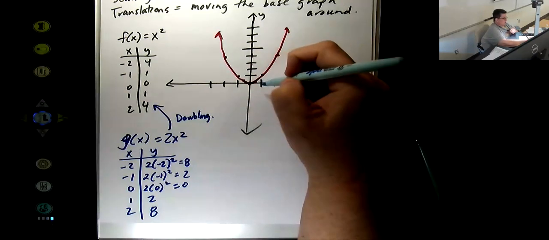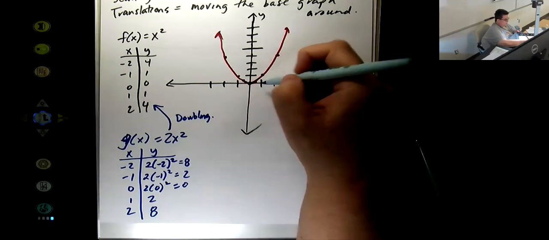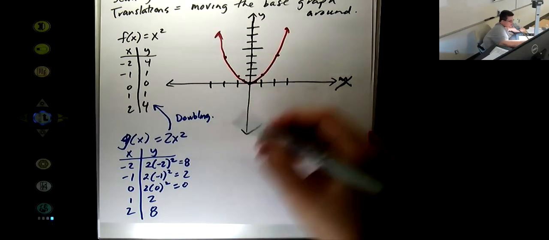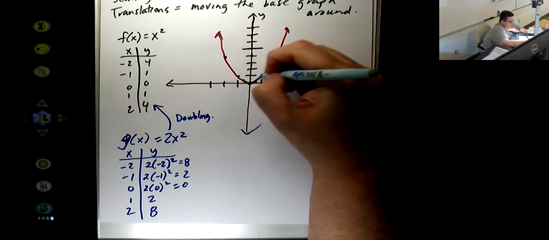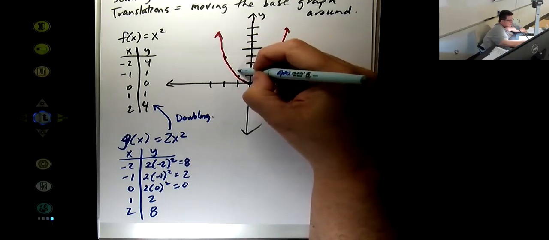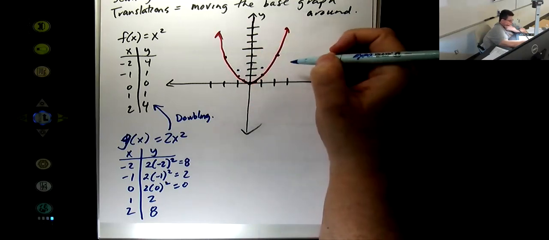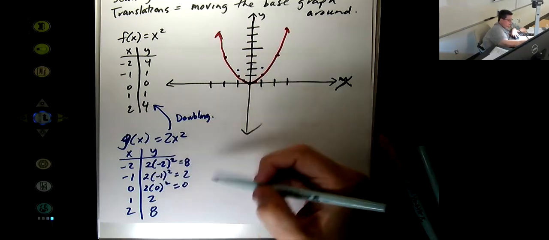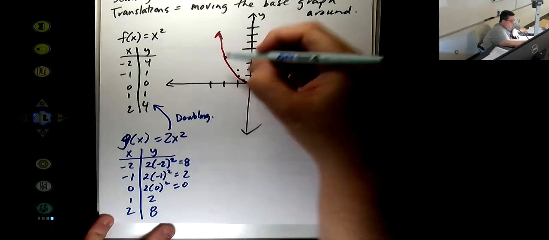So now, rather than going left or right 1 and up 1, this graph stretches vertically and it goes up to 2. Left or right 1, up 2. And -2 and +2 both go to 8. We go left or right 2 and we go up to 8.